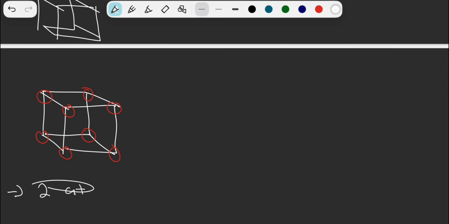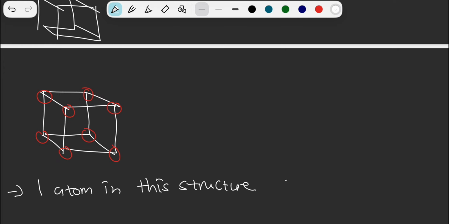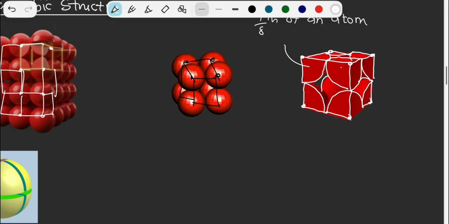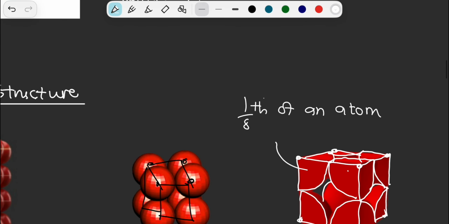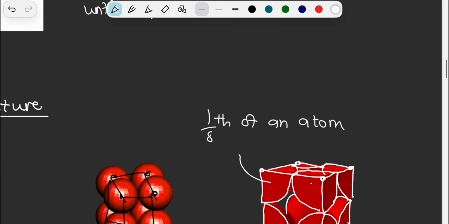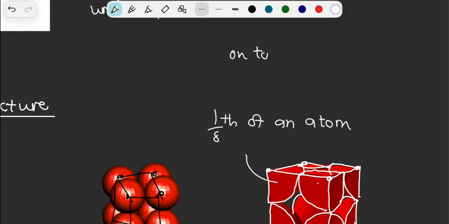So there's basically one atom in this structure, like within the unit cell. What I mean by this is, if you come here, I said this is 1/8 of an atom. There are 4 of those on top, 1, 2, 3, 4. So on top is basically 1/8 times 4, which is 1/2.